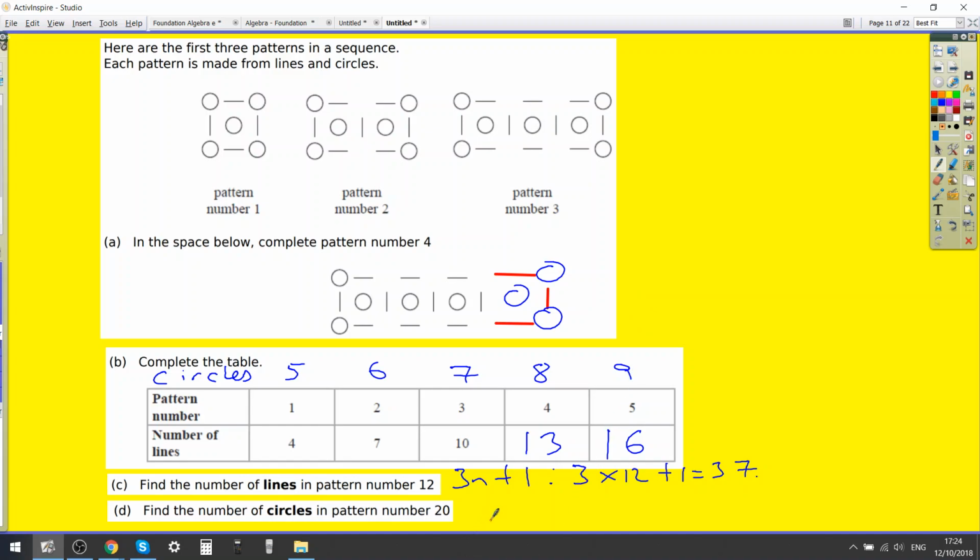Or what would be the rule for it? I think every pattern you add another one. So it's going up in ones. So what would you do with that? 1n plus 4, or n plus 4, same thing. So that'd be 24. So that's 20 plus 4. Any questions there? No. Okay.